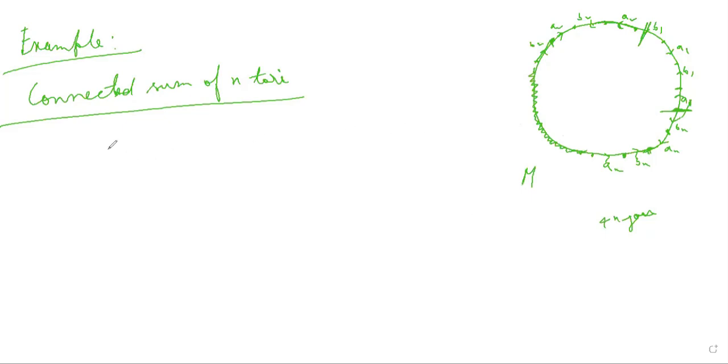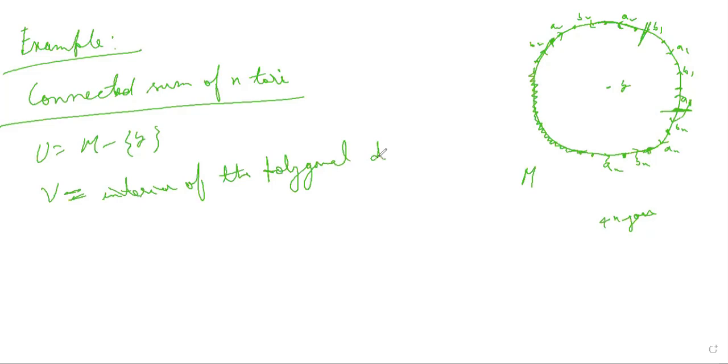Suppose the connected sum of n tori is denoted by M. Then we will again choose a point y, and we'll have U equal to M minus the singleton y, and V equal to the interior of this polygonal disk.